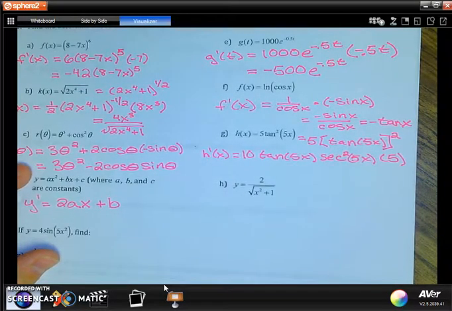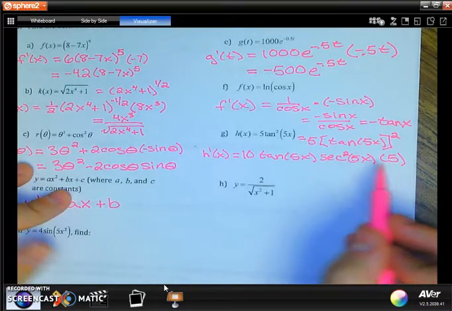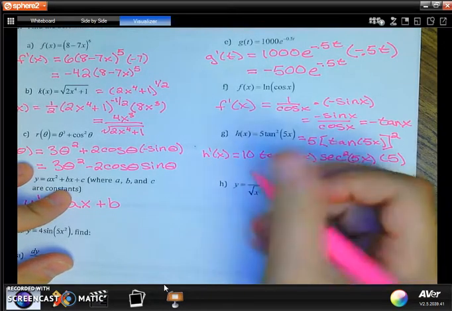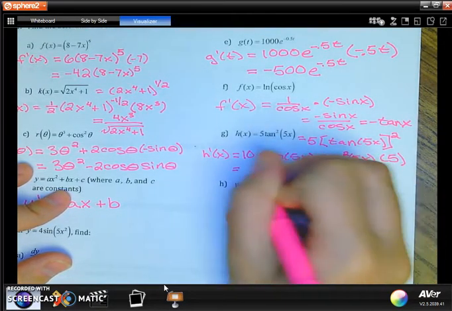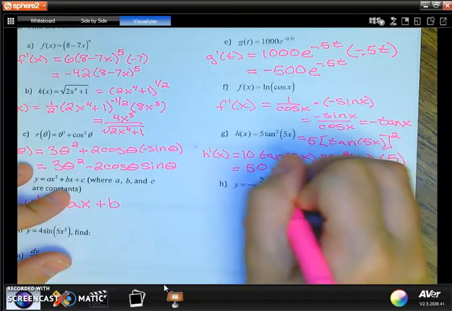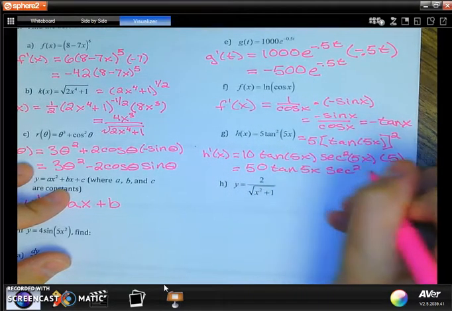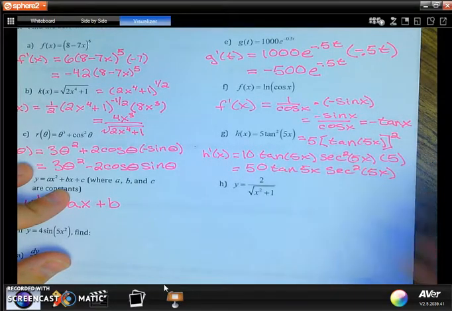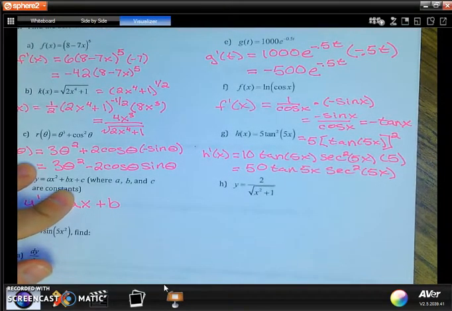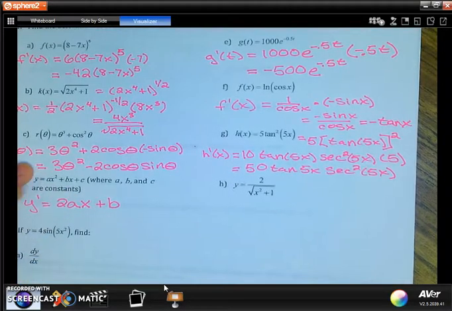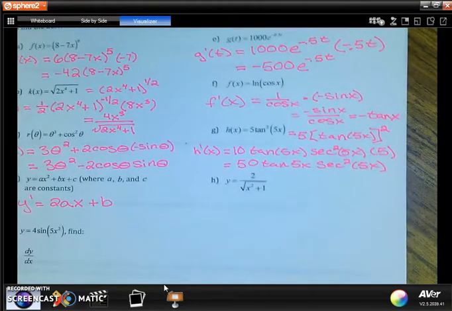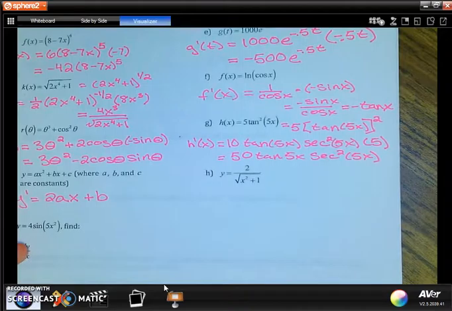You can then multiply this 5 with this 10 if you wanted to clean it up a little bit and rewrite it as 50 tan 5x secant squared 5x. And I would leave my final answer like that.